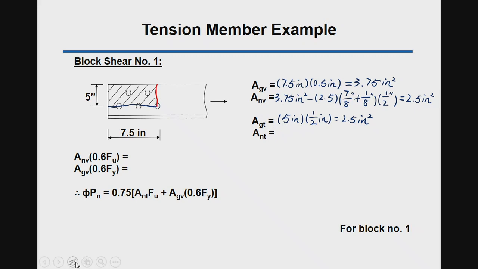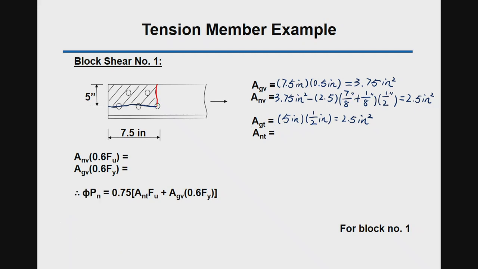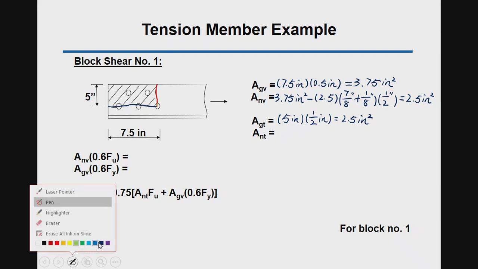Along the tension path, there's half a hole that should be deducted from the gross cross-sectional area.